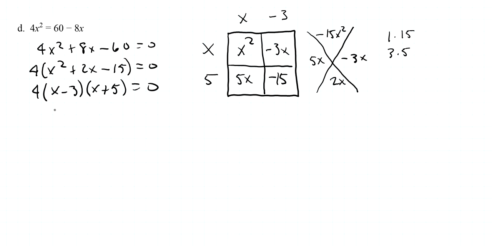We can set x minus 3 equal to 0, so x equals 3. And then x plus 5 equals 0, so x equals negative 5. And so our solutions are 3 and negative 5.